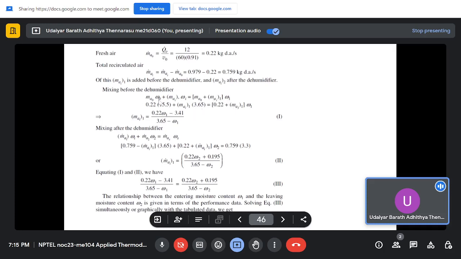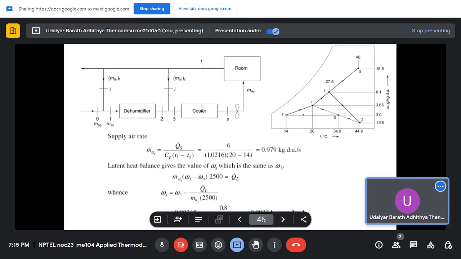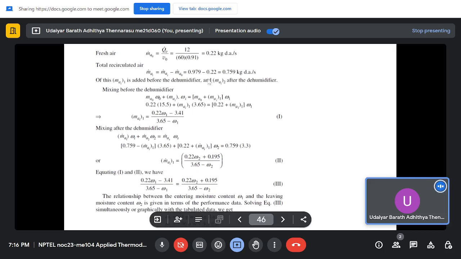So we know omega naught and omega I, we can find out omega 1. The recirculated air is split in two parts. So the unknowns here are the mass of the recirculated air and omega 1.